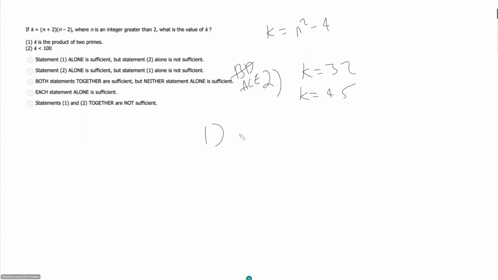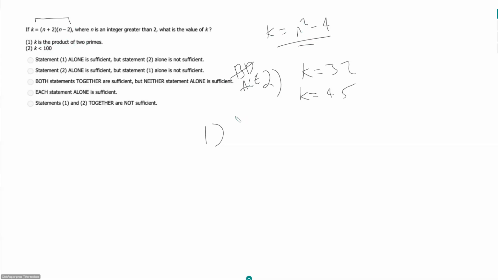So statement 1 now. Now we know k is the product of 2 primes. So we have to think about this now, because I don't really know if this is going to be super helpful, talking about k as the product of 2 primes. This is the format where k is being expressed as the product of 2 things.